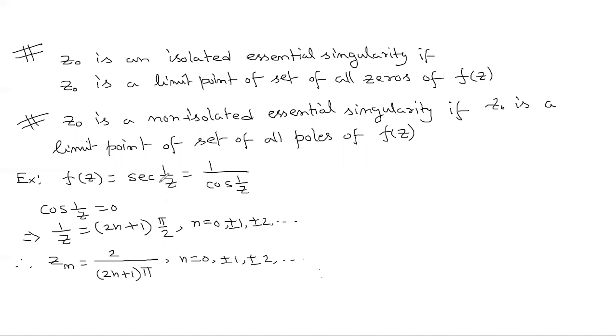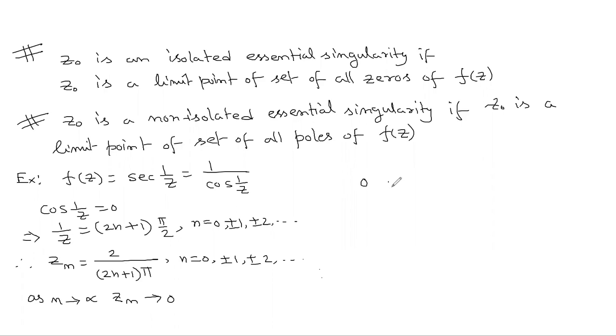Now z equal to 0 is also a singularity of the function fz. Not only that, 0 is a limit point of Zn, because as n tends to infinity, Zn tends to 0.